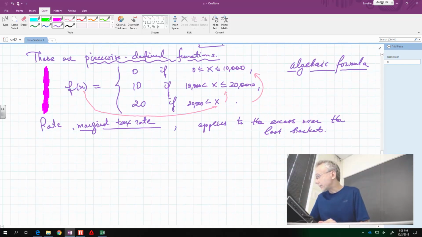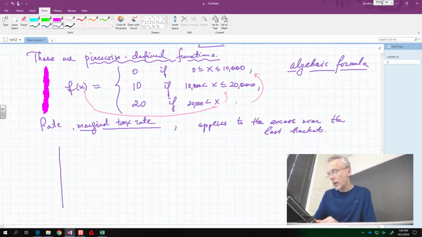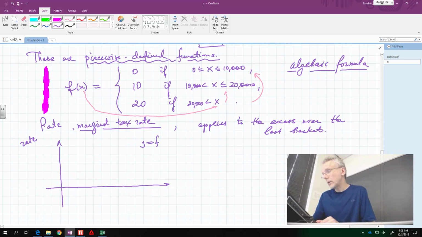The graph actually helps, probably, if we plot the graph of this function first and then compare it to the tax. So this is the tax rate, the function f, y equals f of x, and there are three pieces visible, with 10,000 and 20,000 where things change.